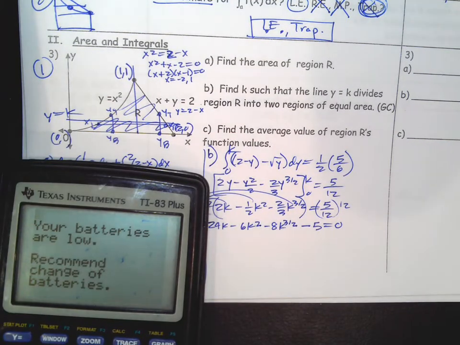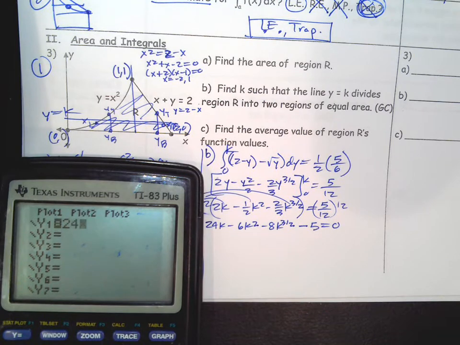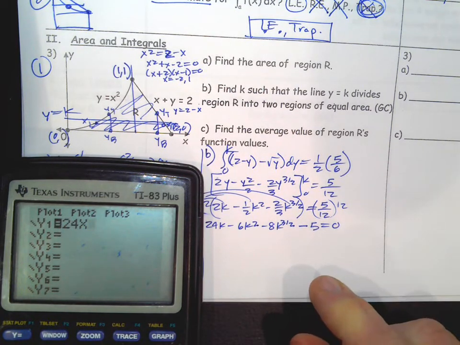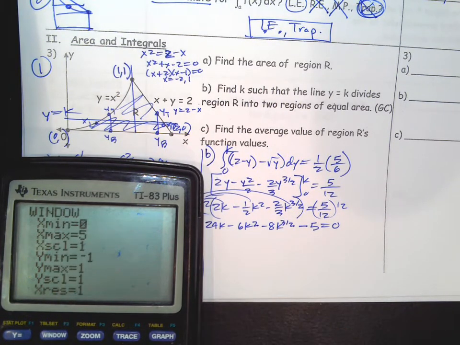So then we're going to use our calculator to solve this. The way we're going to do it is graph this equation equals 0 and find its x-intercepts. 24x minus 6x squared minus 8x to the 1.5, or 3/2, you've got to put it in parentheses, minus 5. The window is going to be 0 to 1.